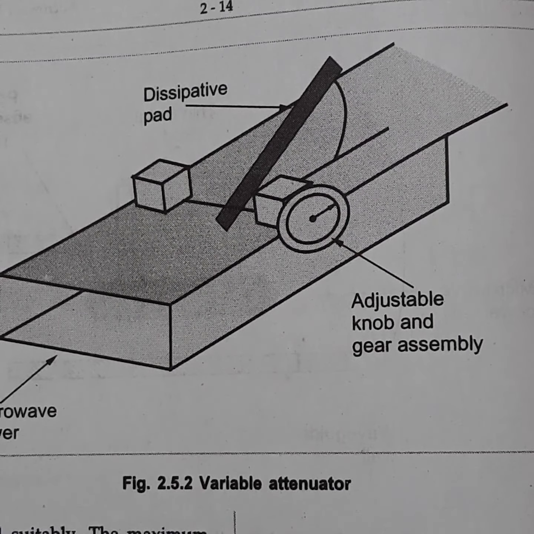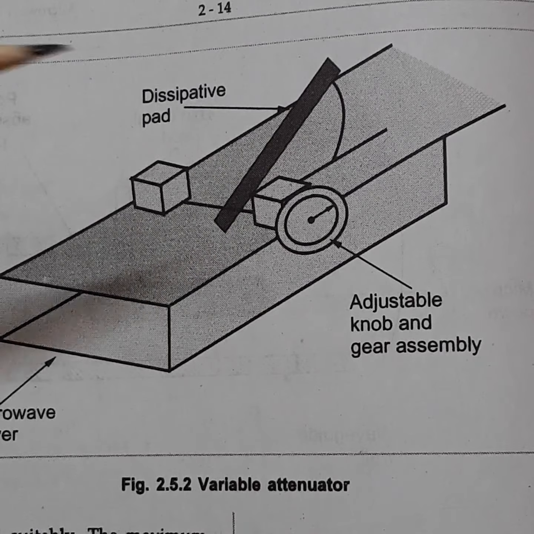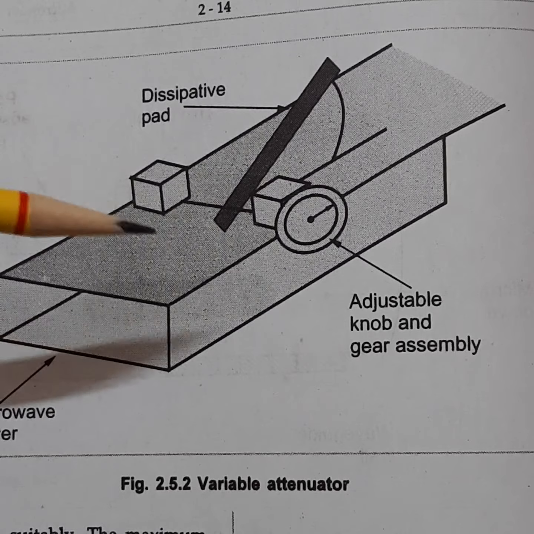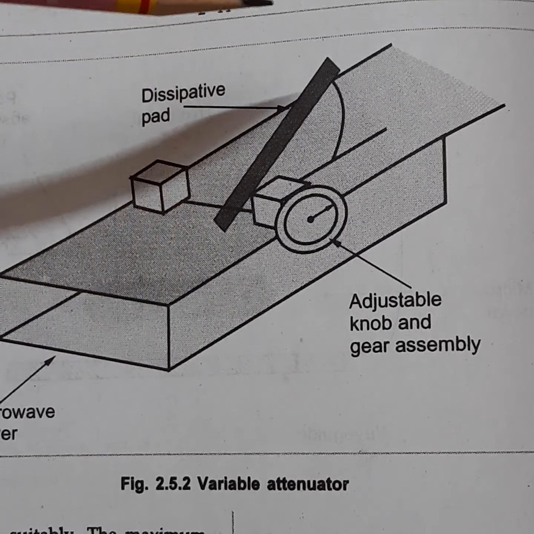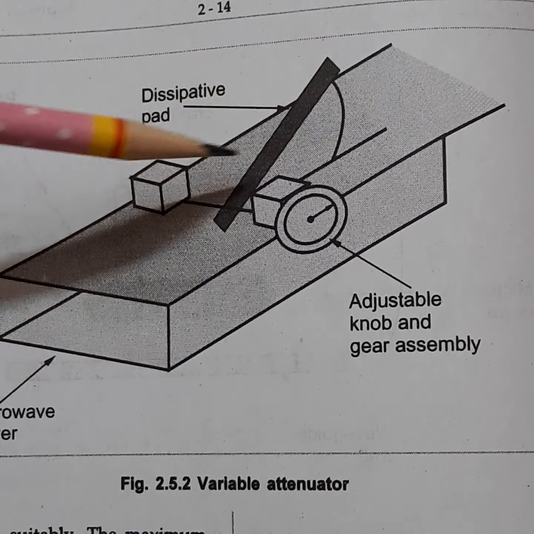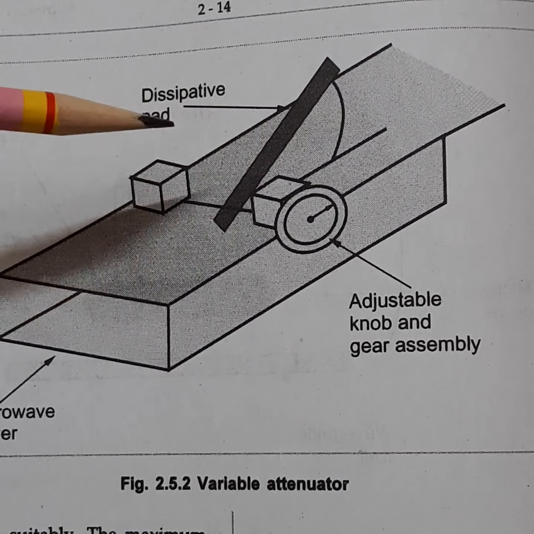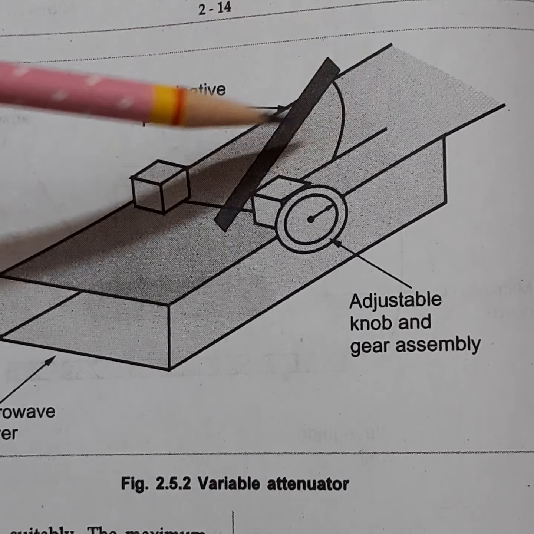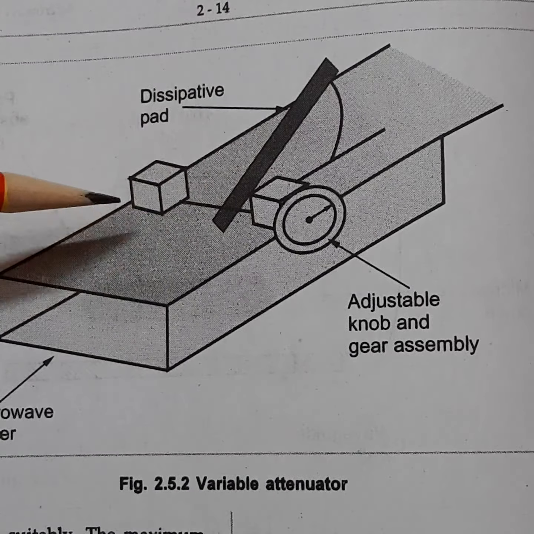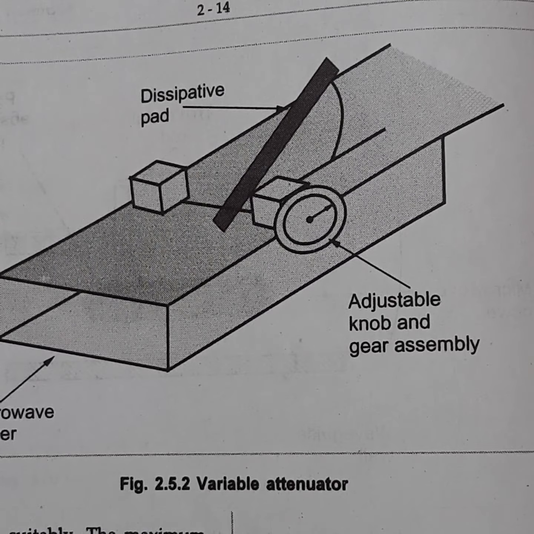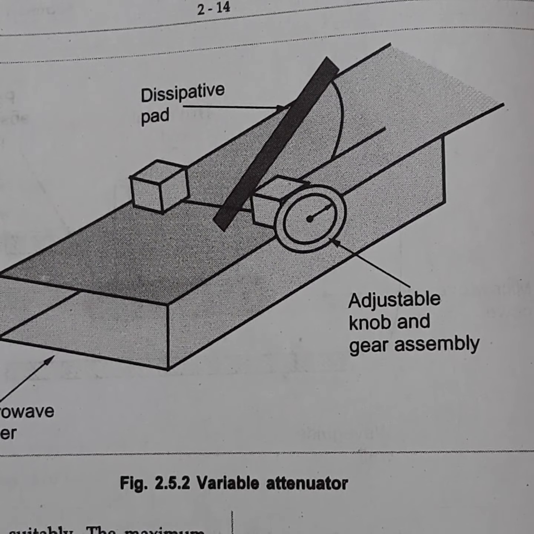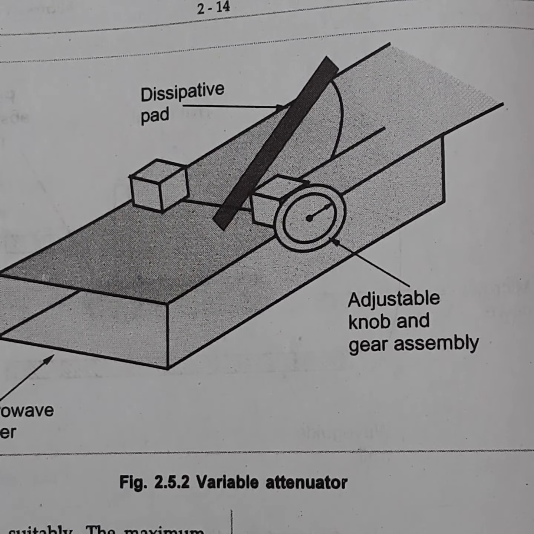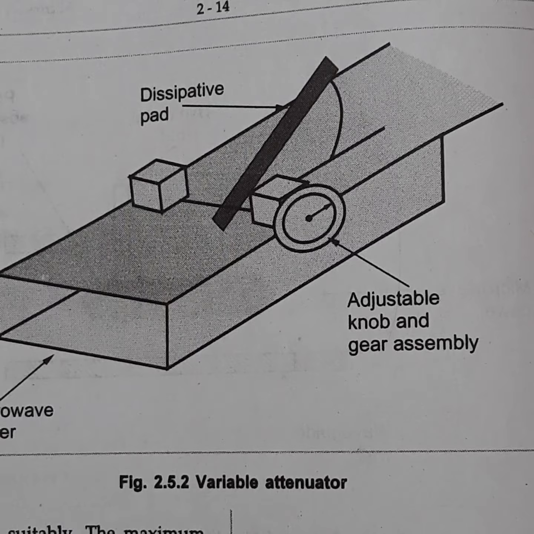The knob can be calibrated suitably, and the maximum attenuation will be offered when the pad extends all the way across the waveguide. When the dissipative pad extends all the way across this waveguide, at that time we can expect the maximum attenuation in variable attenuators. Hope you understood. This is about the variable attenuator.